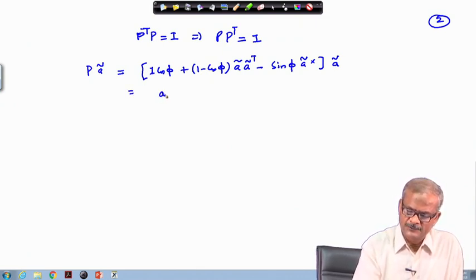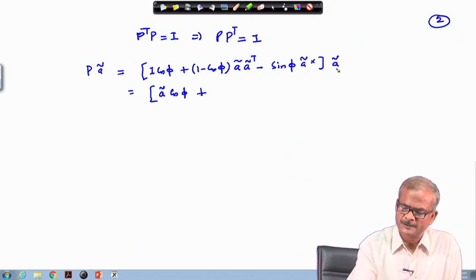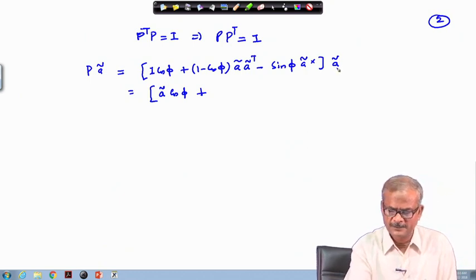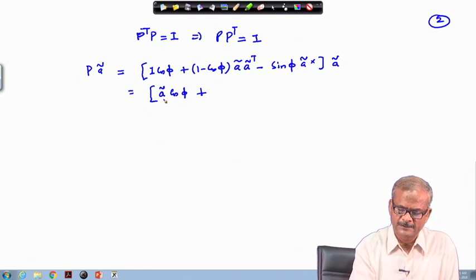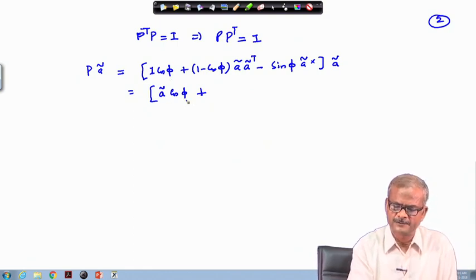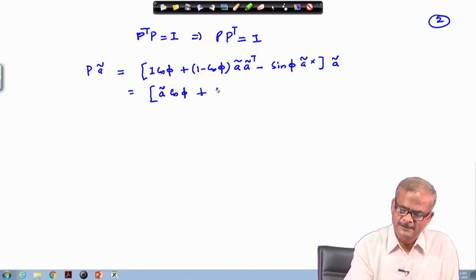Here this will get reduced to A tilde cos phi, because the identity matrix multiplied by the vector A gives the vector A itself. This is a scalar, so it remains as it is.